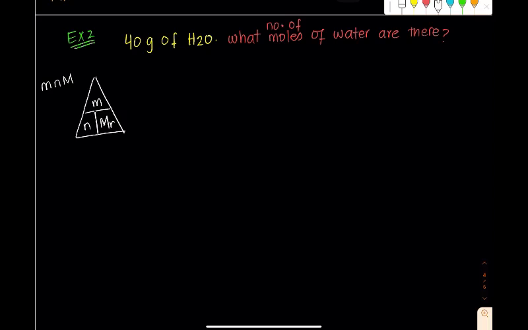You can memorize it like this, M&Ms. So we place it in the triangle like this. So if I take mass as a subject, then number of moles and MR are in front of each other, so they are going to multiply. This is how this triangle works.